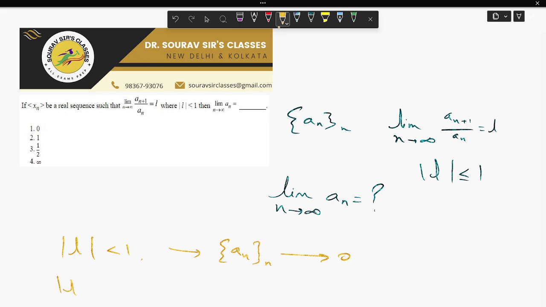And if the mod of L is equal to 1, then what will happen? Then the sequence may converge to a finite limit, diverge, or oscillate, depending on the specific behavior of the sequence.